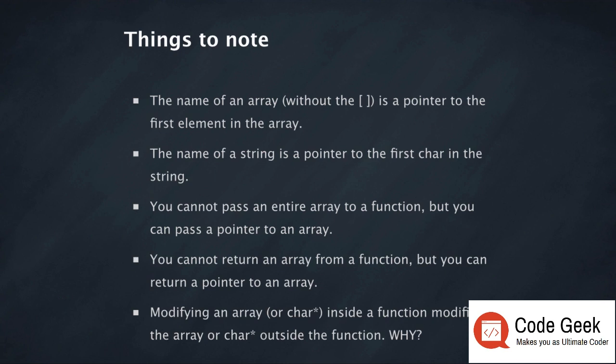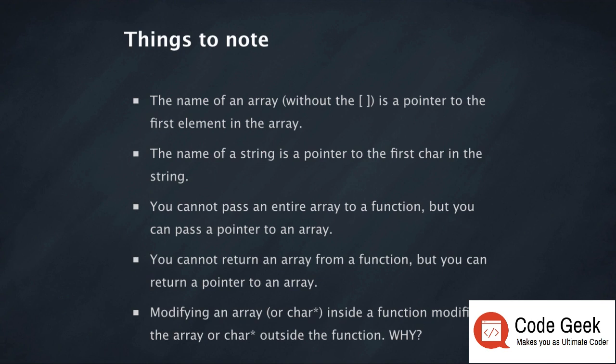You cannot pass an entire array to a function, but you can pass a pointer to the array. Remember that. That's extremely important. You will probably try, down the road, to pass an array to a function. You can't do it, but you can pass a pointer to an array. What am I saying here? You can pass the name of the array. You cannot return an array from a function, but you can return a pointer to that array.